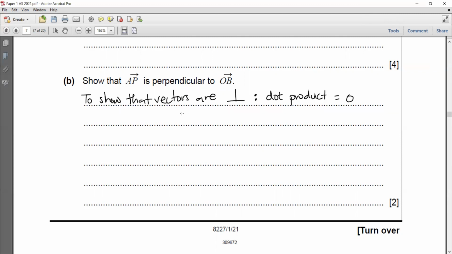So you don't need to work out the angle between the two vectors using that long formula. You can simply just show that the dot product is equal to 0. That is sufficient.